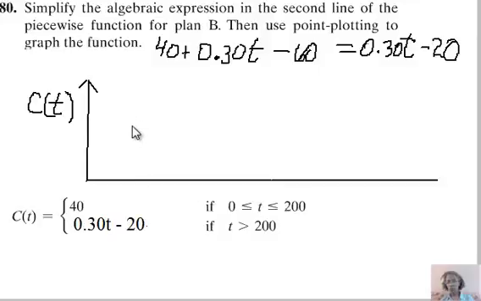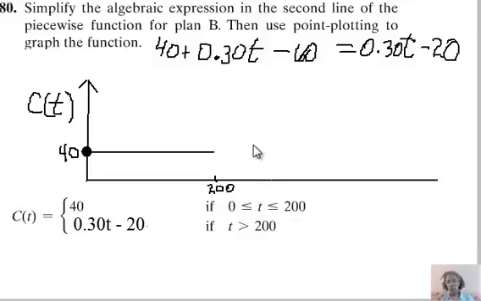When we're between 0 and 200, the function has a value of 40. So let's say this is 40 right here. So this is constant between 0 and 200. And let's say this is 200. We'll say right here we're at 200 with our t value.